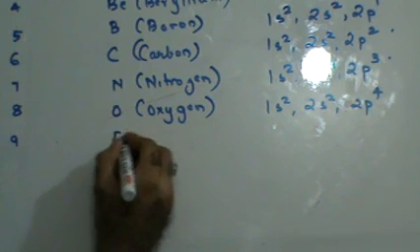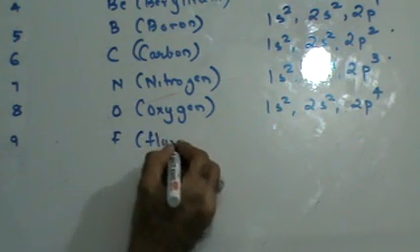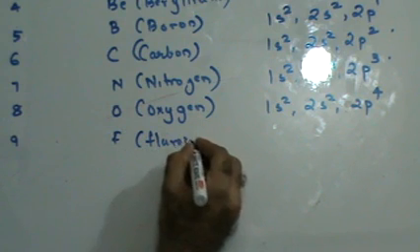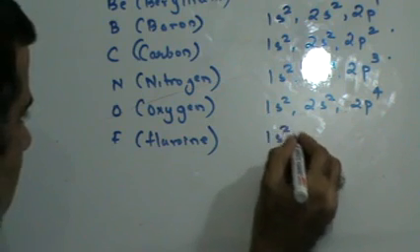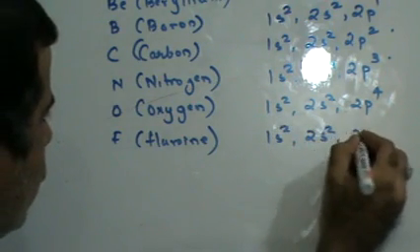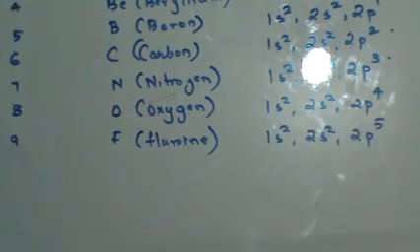After oxygen you have fluorine. 1s2, 2s2, 2p5. Done, guys.